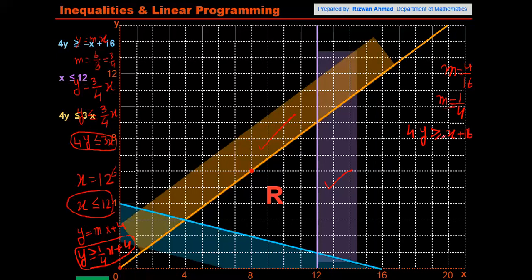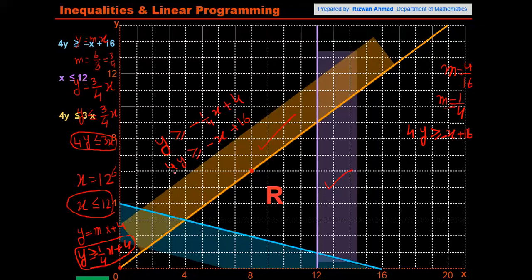So there will be a negative sign here and there will be a negative sign here as well. So this inequality is actually y is greater than or equal to minus 1 over 4x plus 4, or we can write it as 4y is greater than or equal to minus x plus 16. Either way is correct.